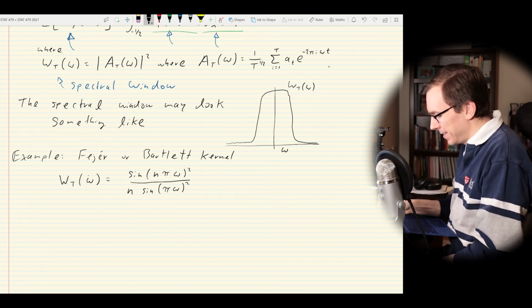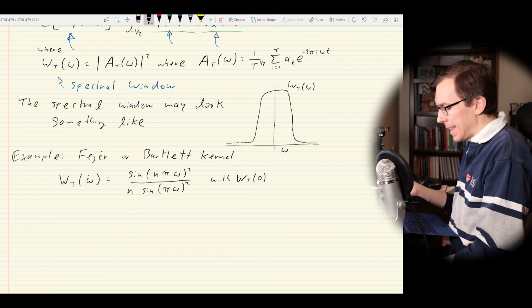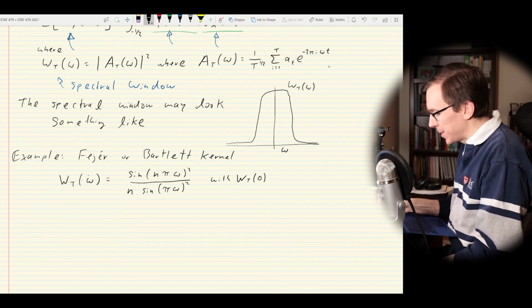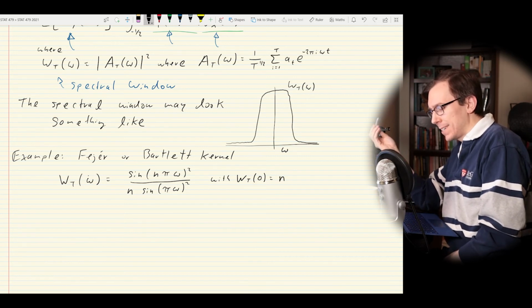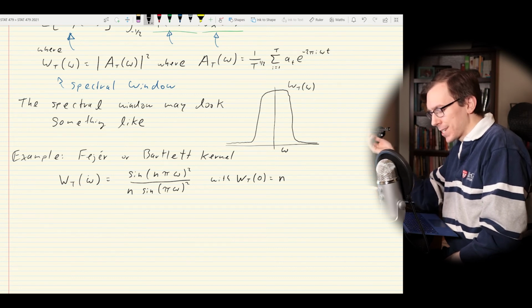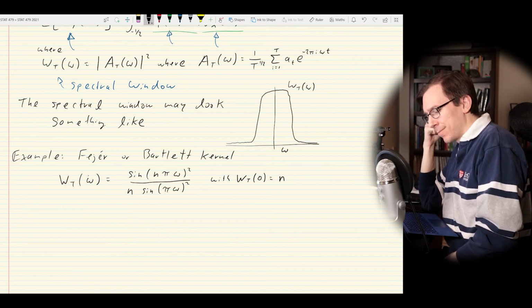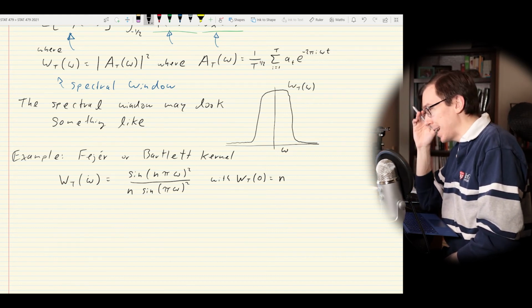Well, with W at 0, I'd have 0 over 0, which is no good. That's going to just converge in the limit to n. If you take omega to 0 and look at the limiting behavior of sine squared over sine squared, you end up with n squared, which divided by the n in the denominator gets you that at 0 it's equal to n.